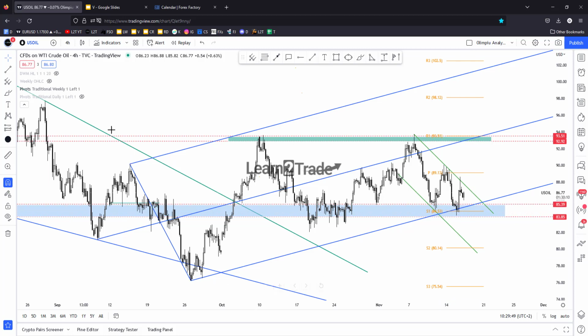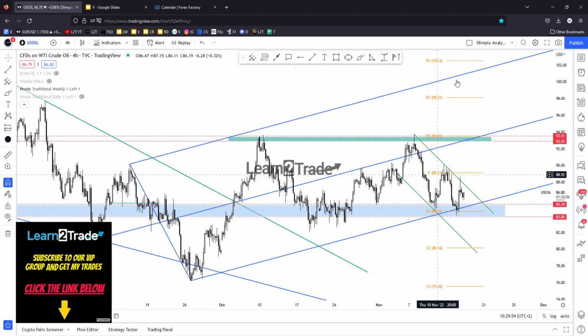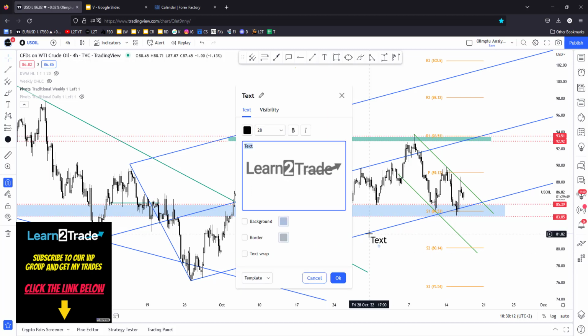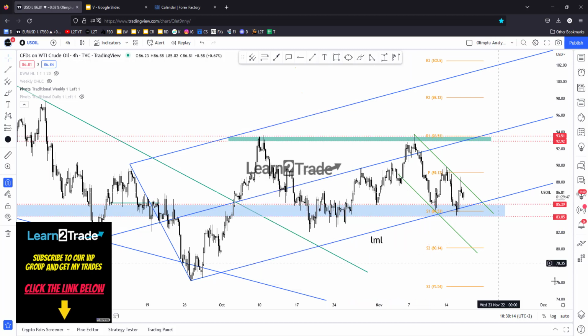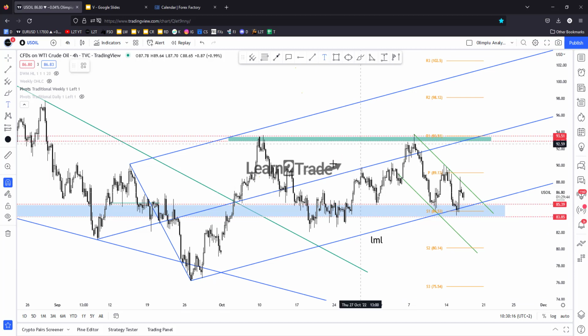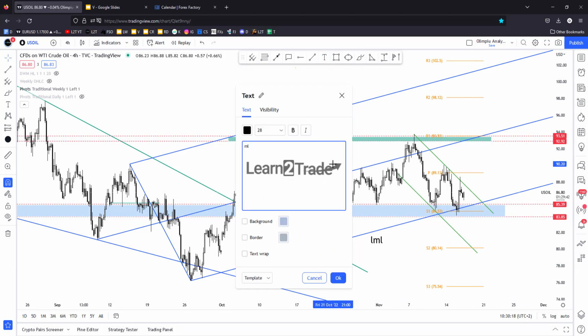After escaping from this major falling wedge pattern, it was expected to develop a new swing higher, but unfortunately it has failed to take out the resistance zone 92.92, 93.51. So as long as it stays above 85.39, above the lower median line of the ascending pitchfork, the price of crude oil could try to develop a new bullish momentum.